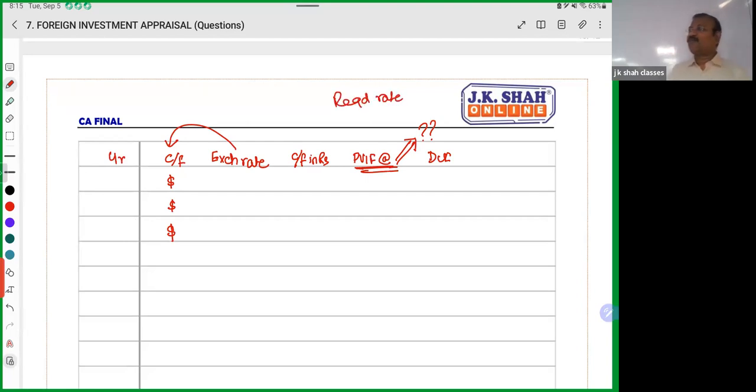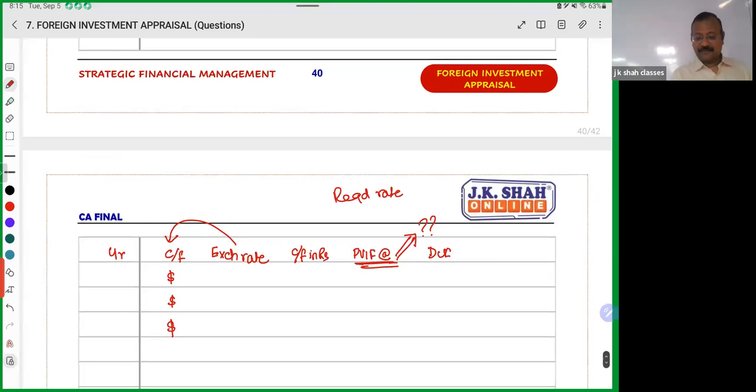Will the required rate of return be the same whether it's dollar or rupees? How did you calculate the required rate of return? Risk-free? That means your required rate of return is dependent on your risk-free rate plus something, right?